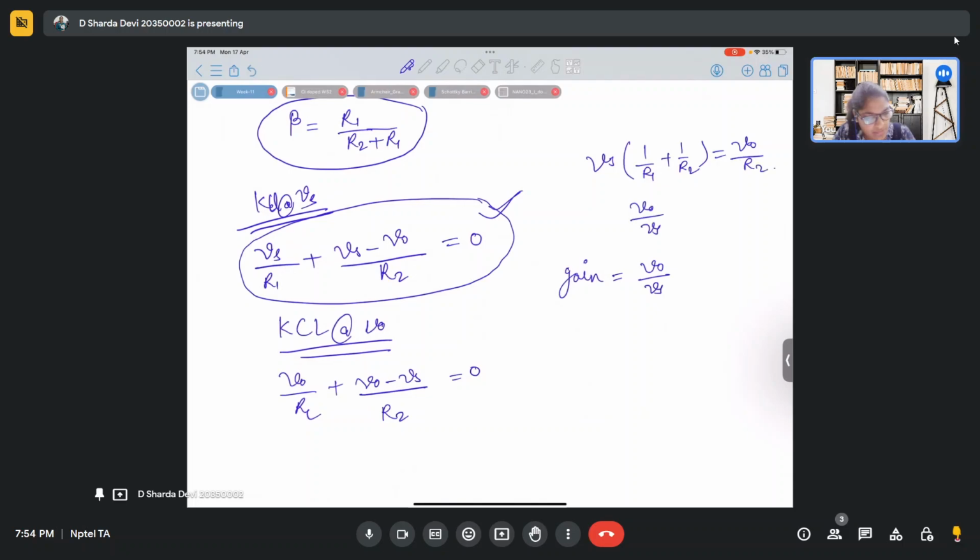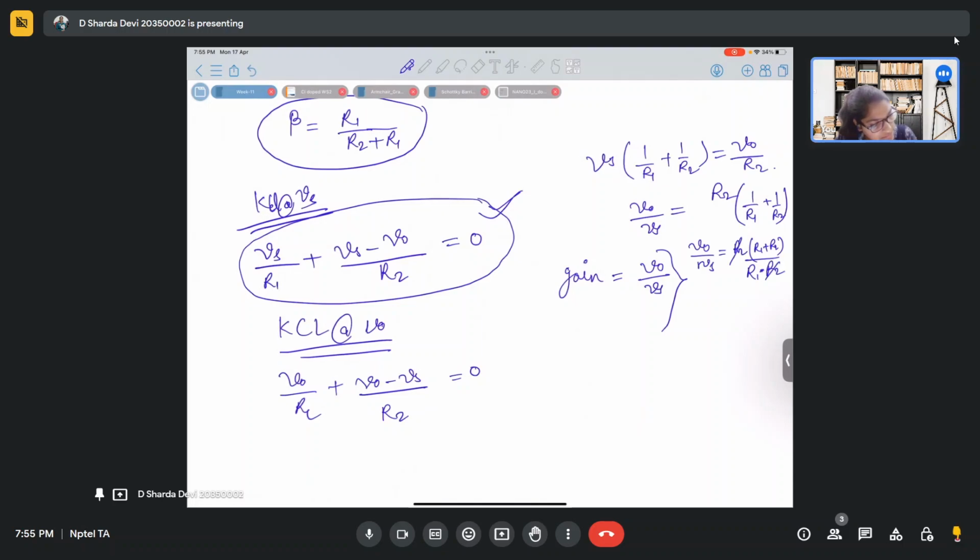V naught by Vs is actually R2 times (1 by R1 plus 1 by R2), which is R2 times (R1 plus R2) by (R1 into R2).